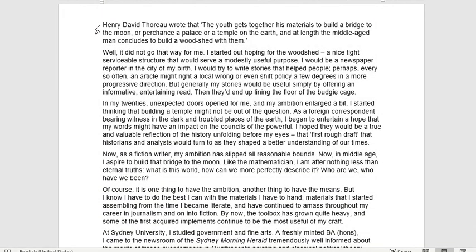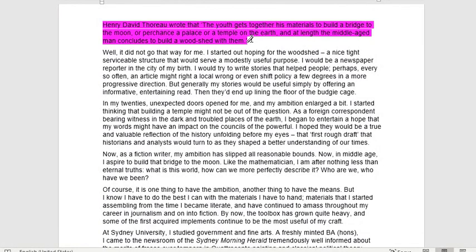All right, "Henry David Thoreau wrote that the youth gets together his materials to build a bridge to the moon, or perchance a palace or a temple on the earth, and at length the middle-aged man concludes to build a woodshed with them." Okay, so here we've got intertextuality.